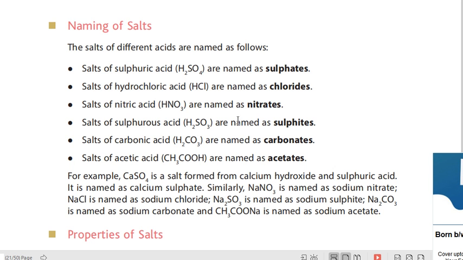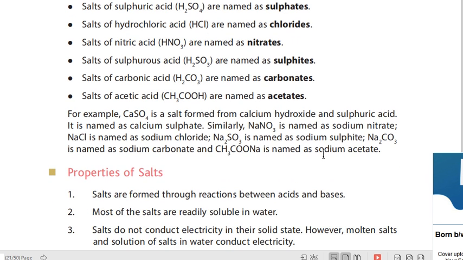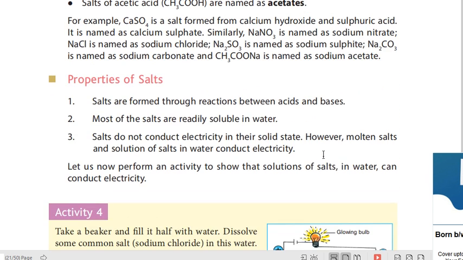Sulfate salt from sulfuric acid, chloride salt from hydrochloric acid, sulfite salt from sulfurous acid, carbonate salt from carbonic acid, acetate salt from acetic acid. In this way we will name the salts.